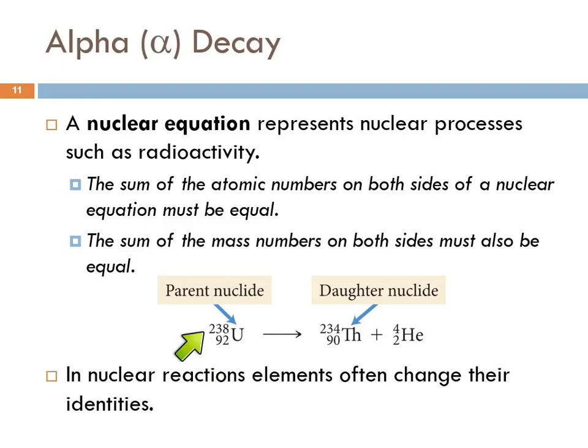What we're concerned with here is that the mass numbers total 238 on the left, 234 plus 4, 238 on the right. The atomic number, 92 on the left, 90 plus 2 on the right. So the top numbers and the bottom numbers have to add up to the same value on each side. That's how we balance a nuclear equation.